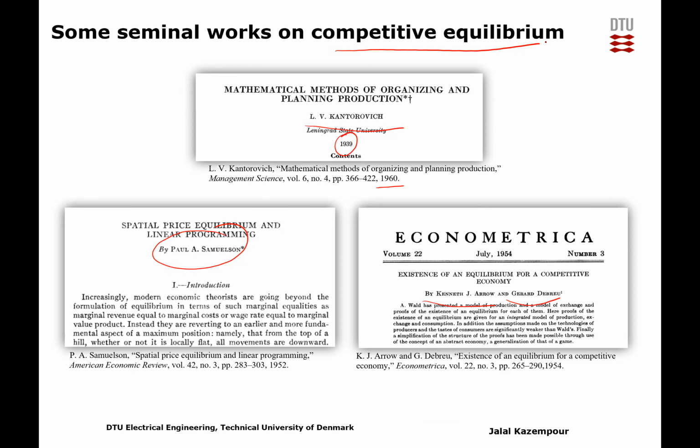So competitive equilibrium is not something new. We learned it from, I don't know, 60, 70, 80 years ago. And always when you work on this type of problems, it's good to know the first papers that invented the problem. And these 4 people, Kantorovich, Samuelson, Arrow, and Debreu, all got the Nobel Prize in economics in different years.